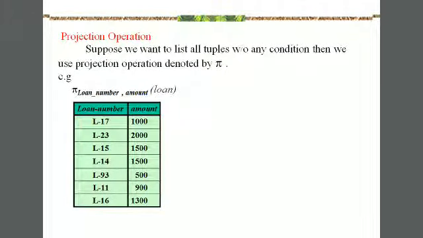Now this is the topic which we are going to see today, that is projection operation. Select operation is used to show only the selected rows. But what about the columns? If I want to show one particular column, then we use the projection operation.